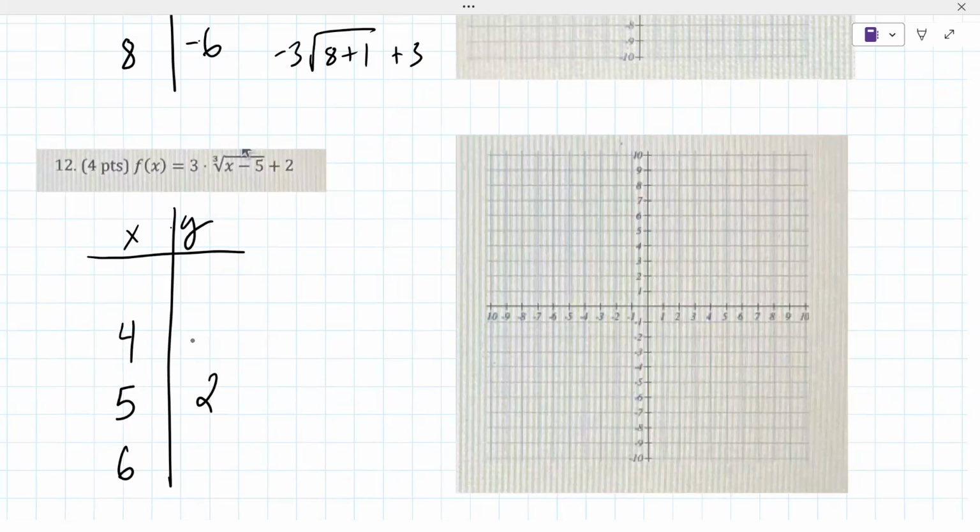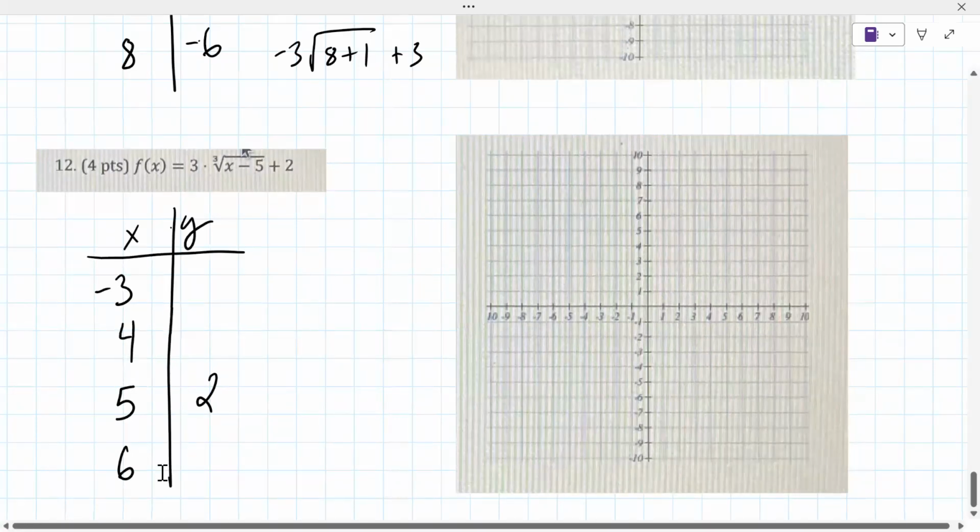That's probably all we can do. I guess we can go -3. That'll fit on there. Does it go up 13? No, that's it. So let's start with the 6.